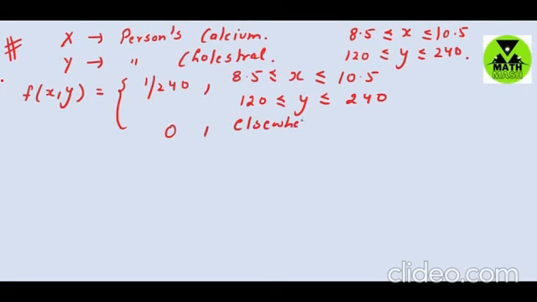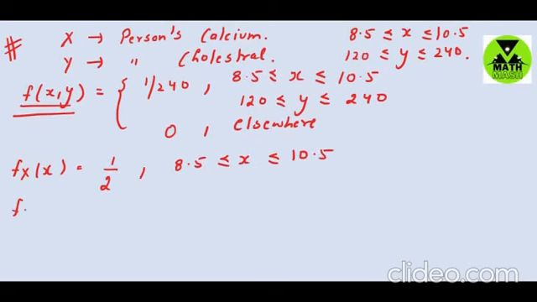We already calculated the marginal densities of x and y for this function at the start of this video. fx of x is 1 by 2 for 8.5 less than or equal to x less than or equal to 10.5, and fy at y is 1 by 120, where y is in 120 less than or equal to y less than or equal to 240. So these are the marginal densities.